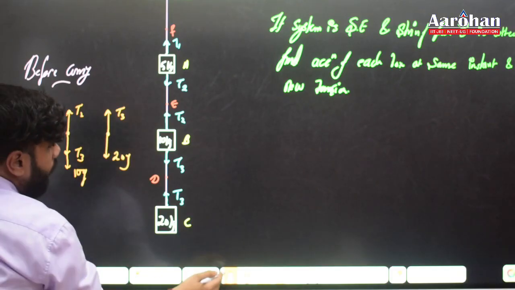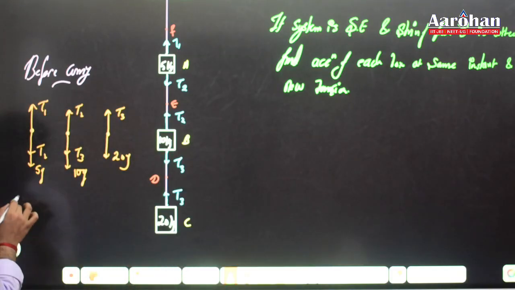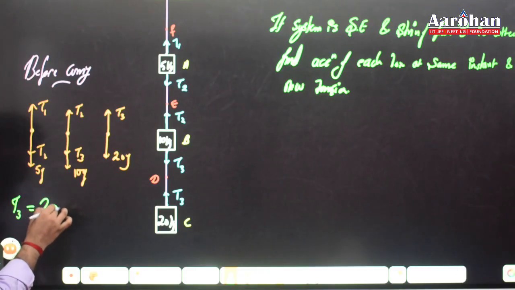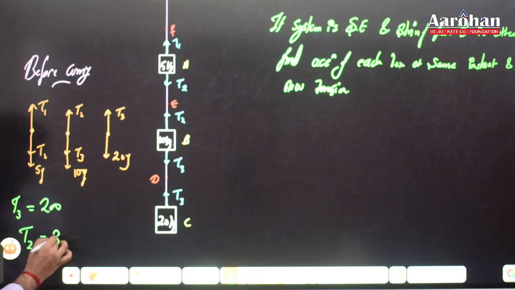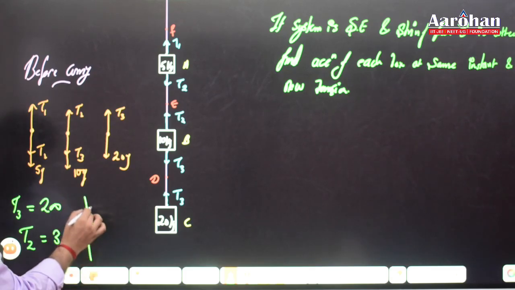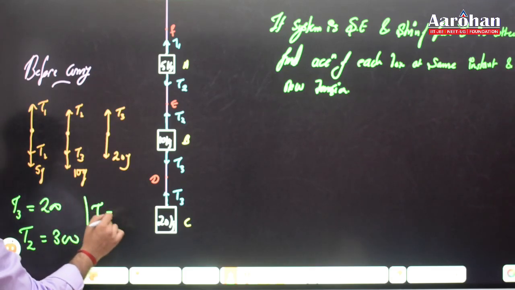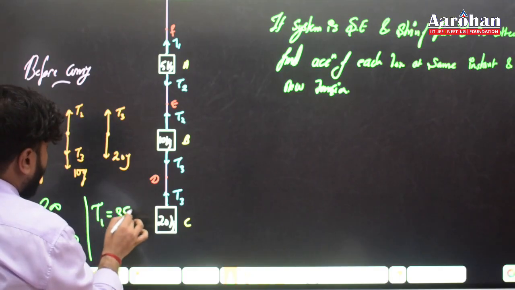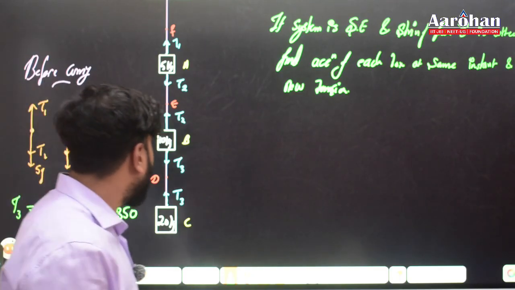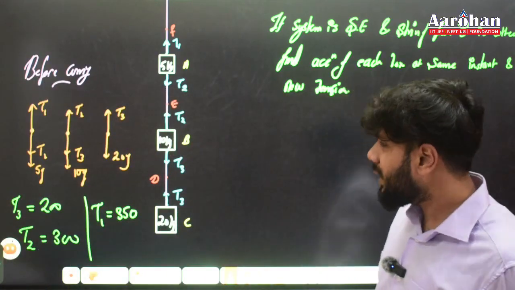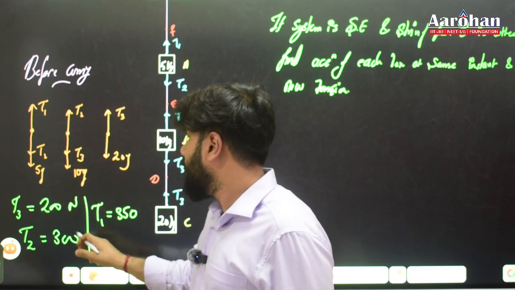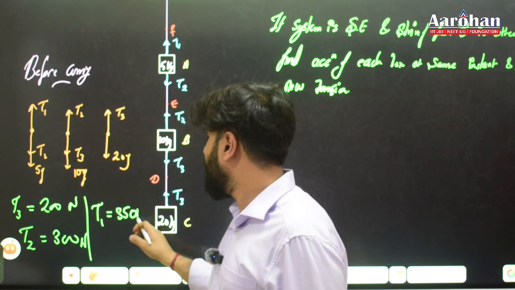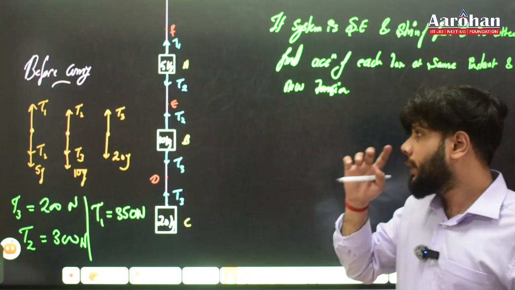If you figure it out, T3 is 200, we are taking g as 10, T2 is 300, and T1 is 35g or 350 Newton. Each one is in Newton. So that is before cutting, then we'll talk about after cutting.